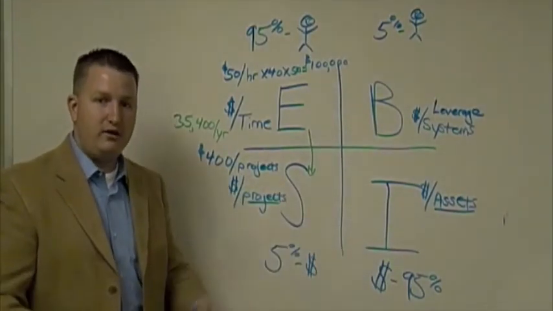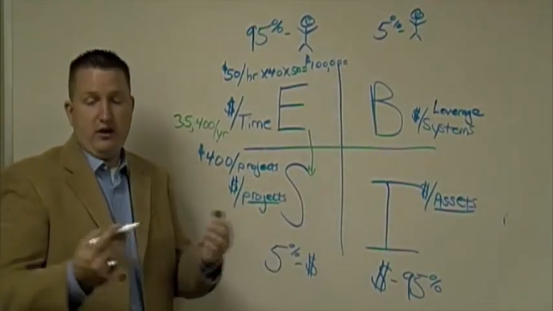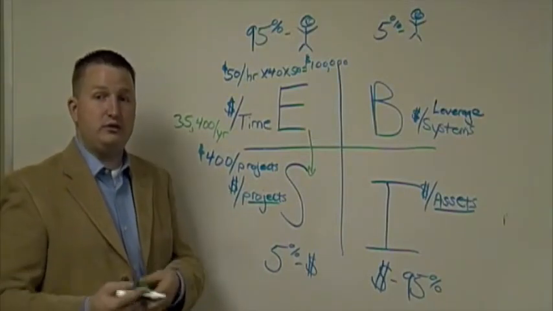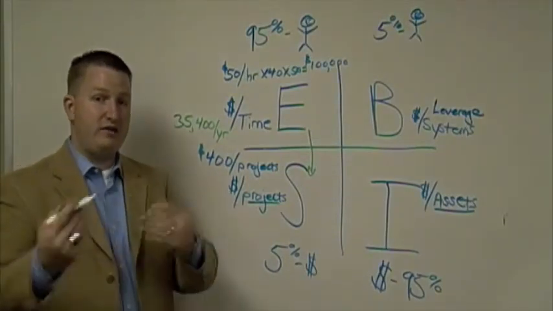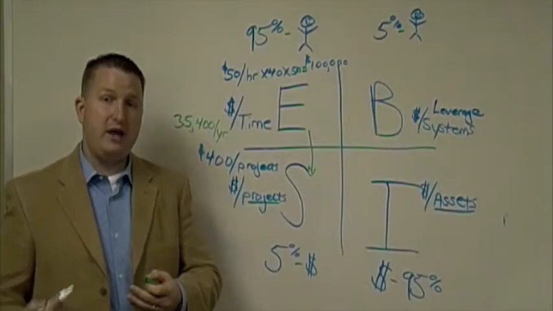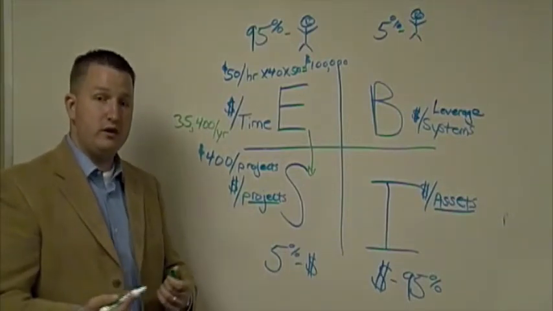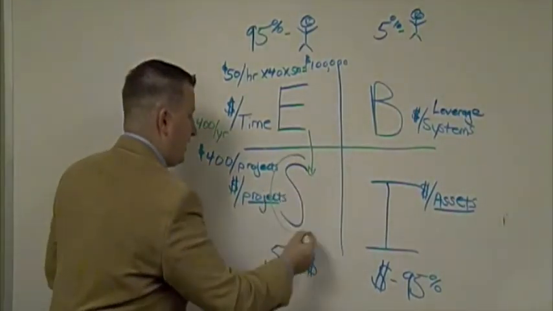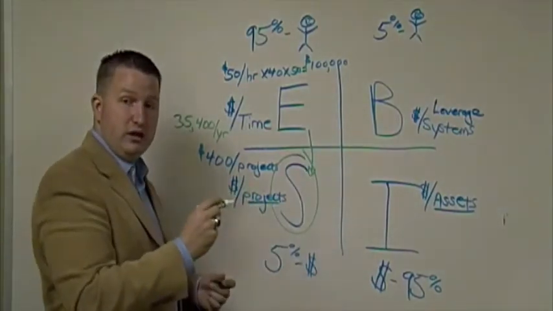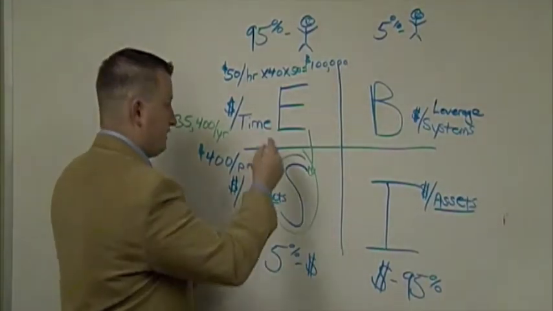You see, I wanted to have the time freedom available to me to travel. I wanted to be able to go away from my business and have it come back and have it be doing better than it was before. So as a self-employed person, I had to start thinking differently than I was before as an employee.